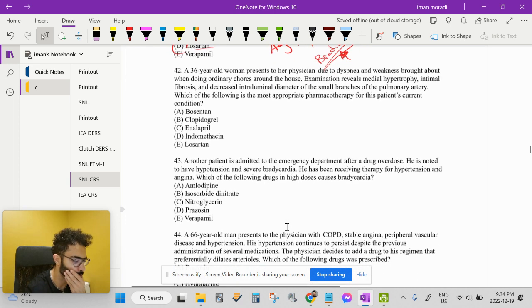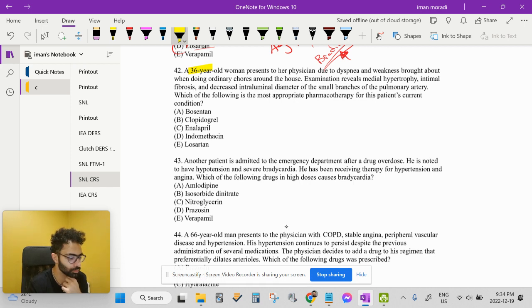Question number 42. A 36-year-old woman is complaining about her chores. Medial hypertrophy, intimal fibrosis, and decreased luminal diameter of the small branches of the pulmonary artery.